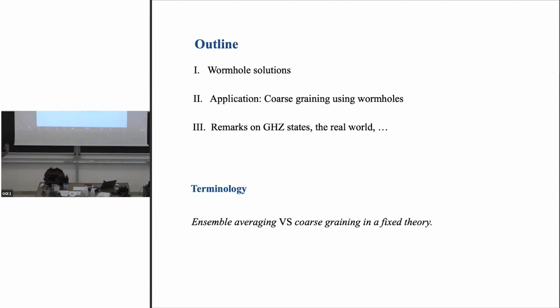It's just that these can often be two different ways of thinking about the same calculation. And I'm going to emphasize the coarse graining picture because that's been less discussed, but we could phrase it in this other language. So I'm going to be talking about observables in a fixed theory and how these wormholes relate to observables in a fixed UV complete CFT.